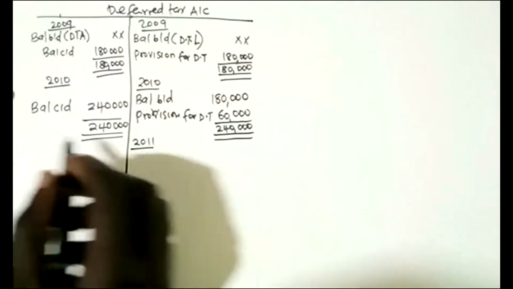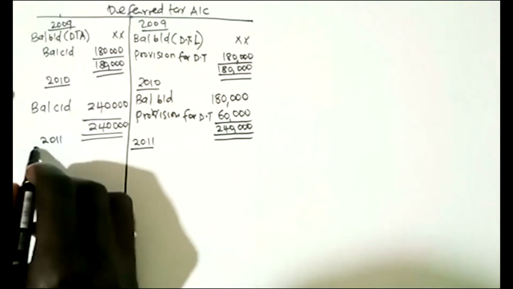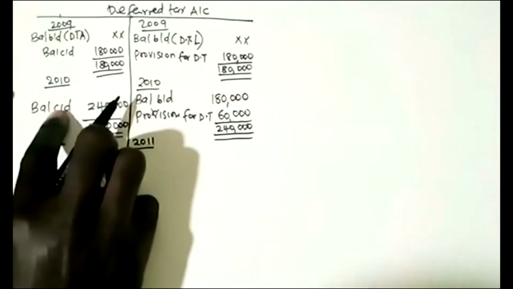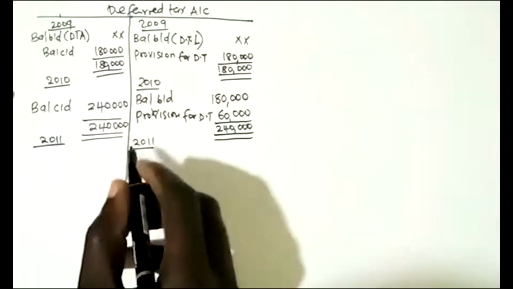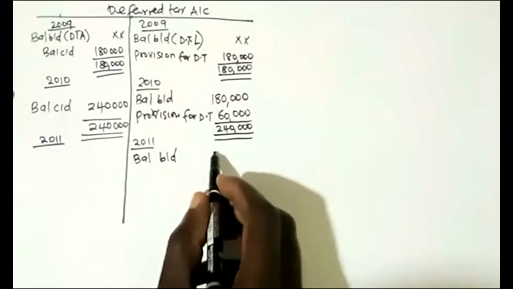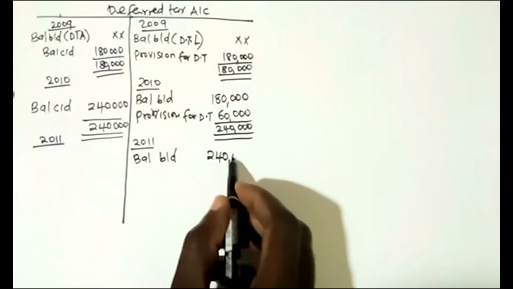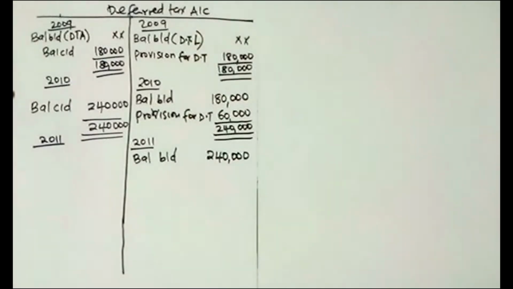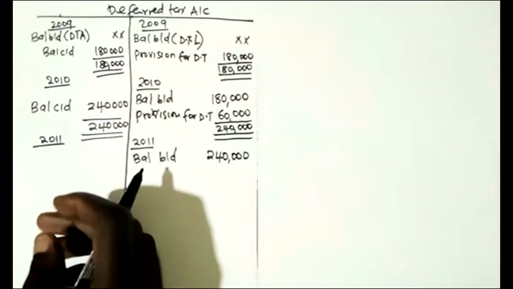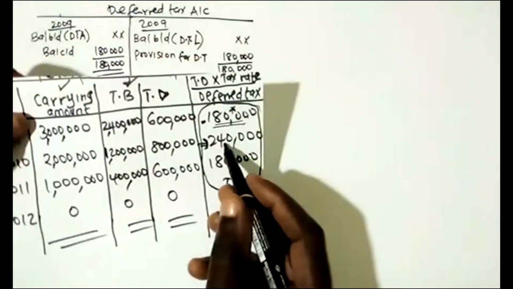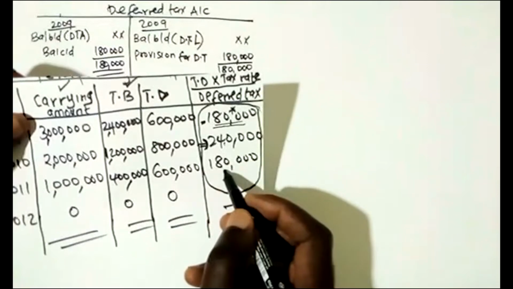2011, we have the balance brought down, this one, the balance carried down here of 240,000. Of which in 2011 there was a reduction from 240 to 160.